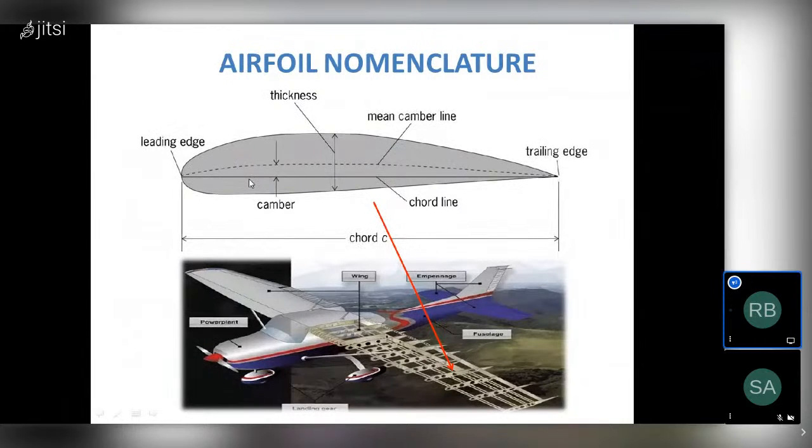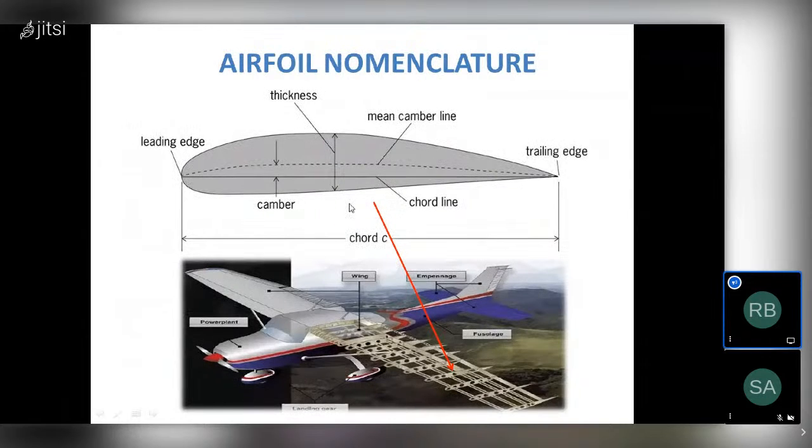Which means the chord line and the camber line do not coincide, one above the other. Instead, we have some distance, a gap between the chord line and the camber line. That gap is known as the camber thickness. That's why we call this an unsymmetrical or asymmetrical aerofoil, because of the camber.